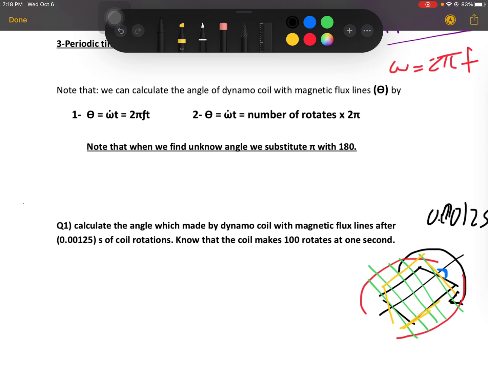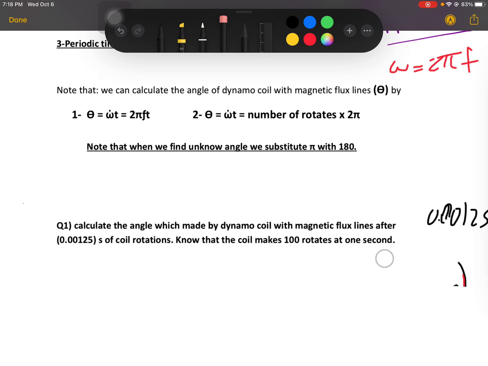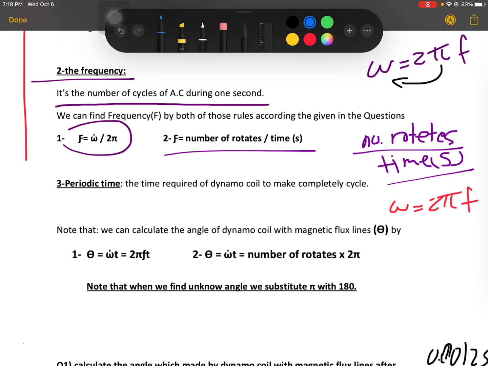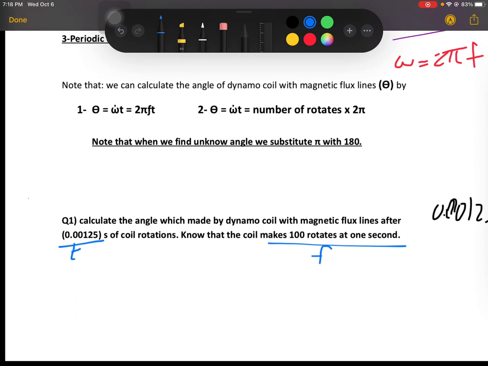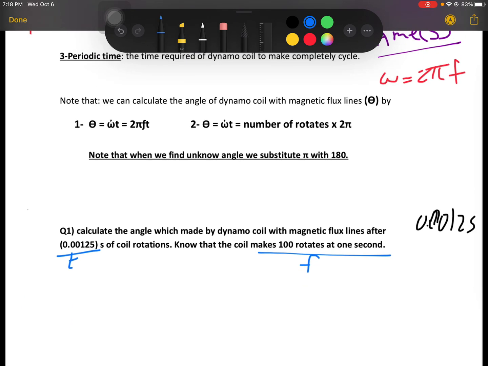Okay, now let's work on it and see how we can find it. So this is t and this is f. Because 100 rotations in 1 second, and as we know, f is the number of rotations over the time in seconds, here we have f directly.